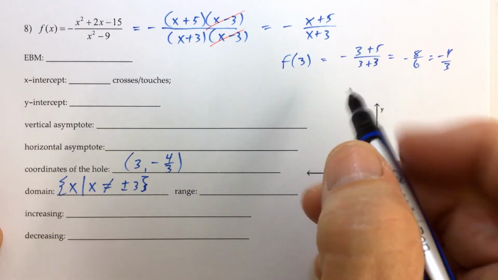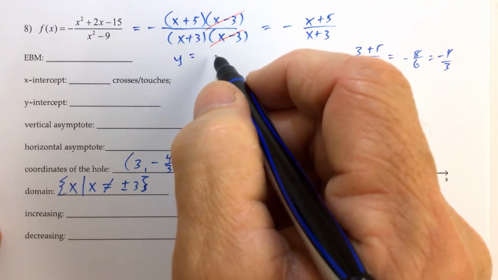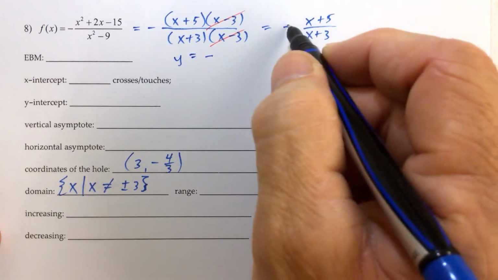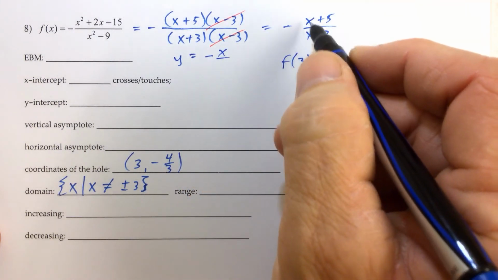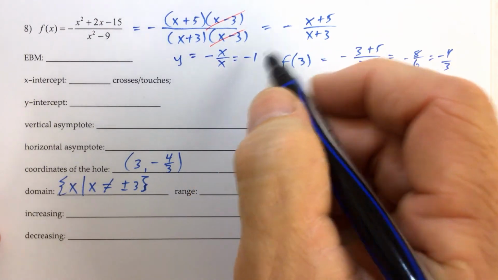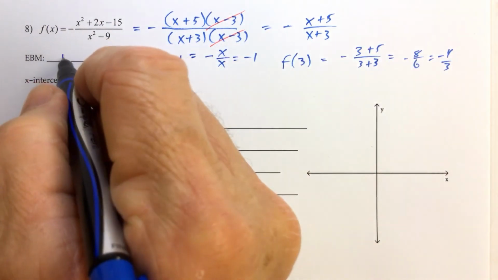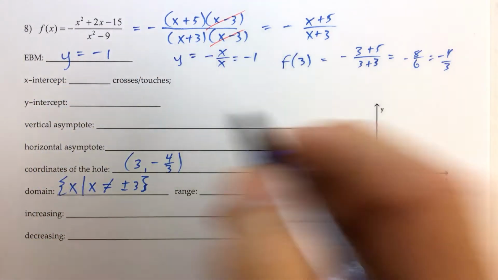Our end behavior model is always, we take the most powerful term in the numerator. Don't forget about the minus sign here. The most significant term in the numerator and denominator is both x. X over x is 1. The minus sign in front means we have y equals negative 1. That's our end behavior model, which is our horizontal asymptote.